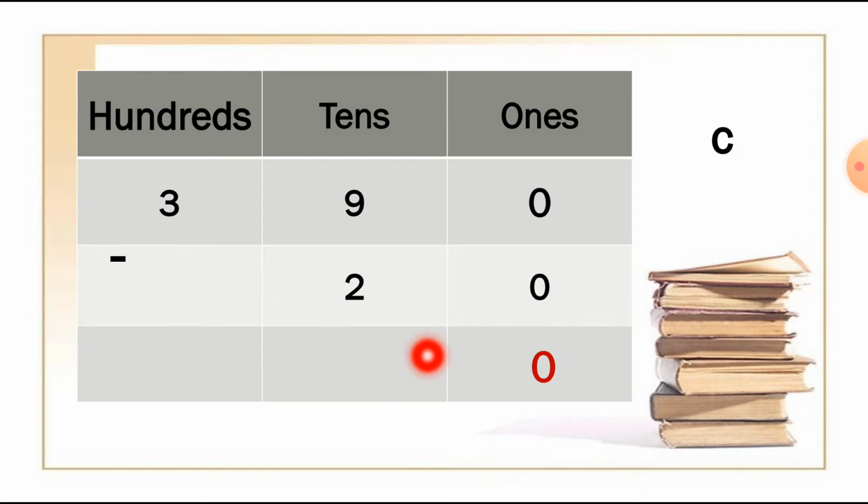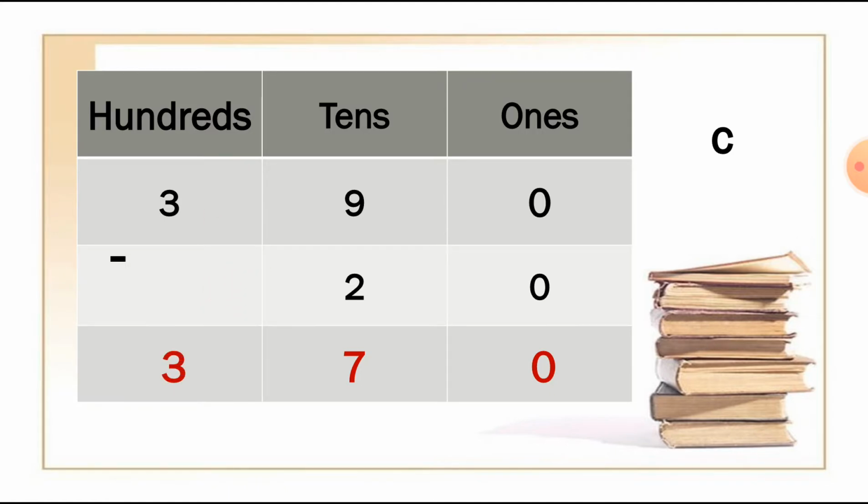Let's move to the tens column, which is 9 minus 2. So we have to cut 2 number from this 9. So 9 minus 2 is equal to 7. Now students, this ones and tens column is complete. So we can move to the hundreds column. 3 minus nothing, there is no value.